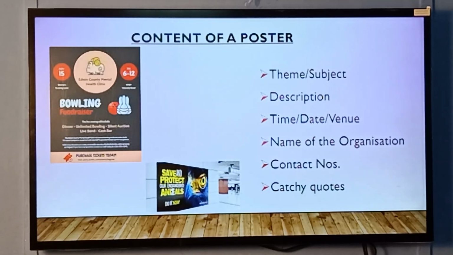The name of the organization should be mentioned and the contact numbers or email addresses, if necessary, can be mentioned. Catchy quotes should be written which will inspire the viewers. So these are the main steps for the content of a poster.